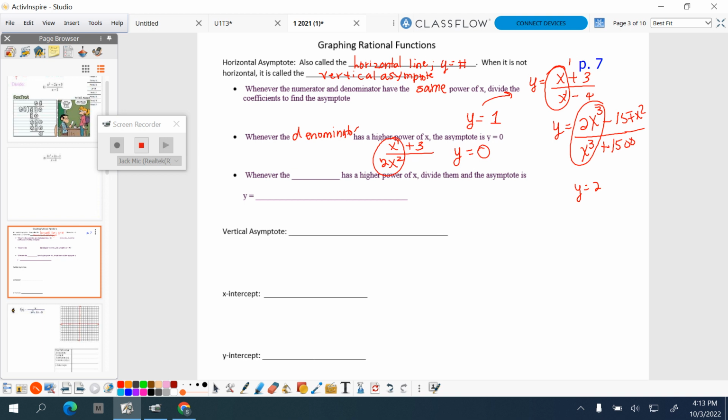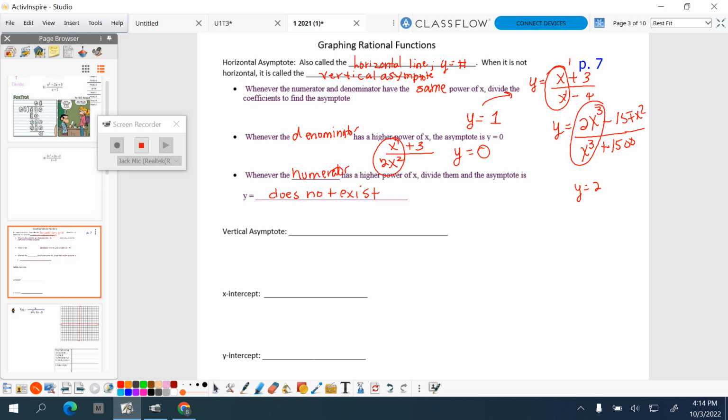Whenever the numerator has a higher power, divide them, and the asymptote simply doesn't exist. It does not exist. When the numerator has a higher power, there is no horizontal asymptote, actually.